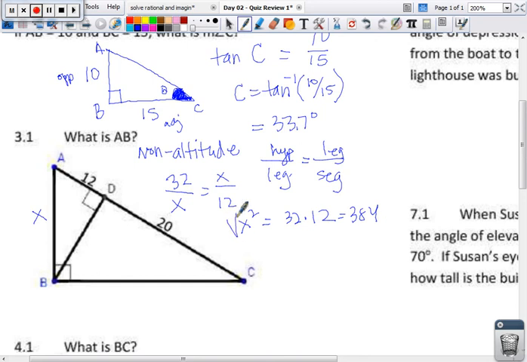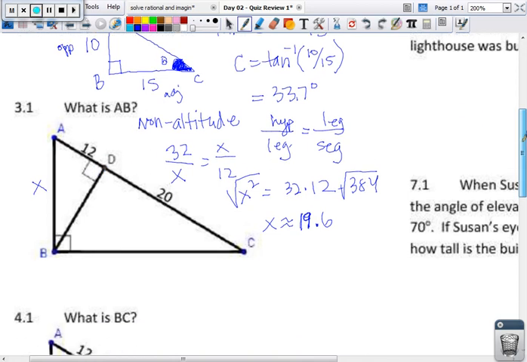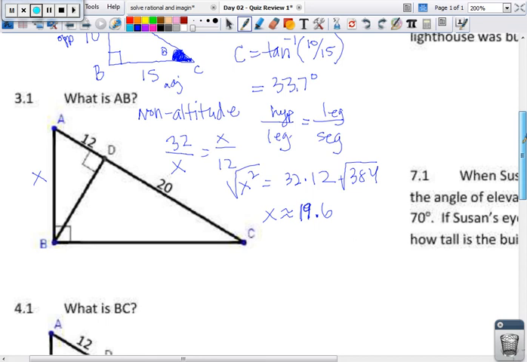So finally, square rooting both sides, x is approximately 19.6 units long. Okay? So you should remember, whenever we have a right triangle with a right triangle, you're going to use some type of a proportion, either an altitude proportion or a non-altitude proportion.